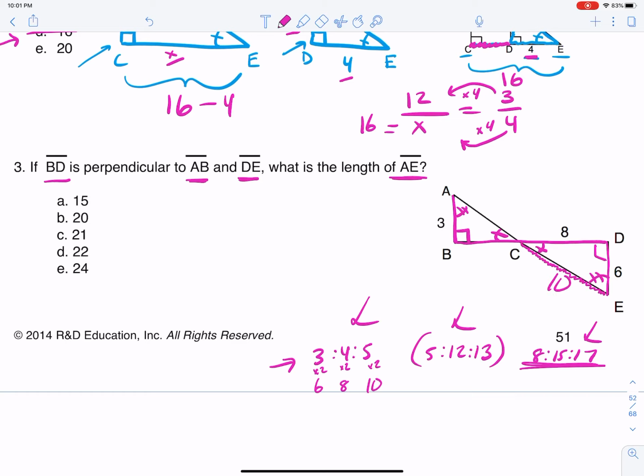Now, similarly, if we know that this side corresponds with this side, what did we do? We multiplied by 2. So this side is double this side. Same thing for the hypotenuse: if this is 10, this is going to be half of 10, which is 5. So we just add those together. 5 and 10 would give us the full length of AE, which is 15.